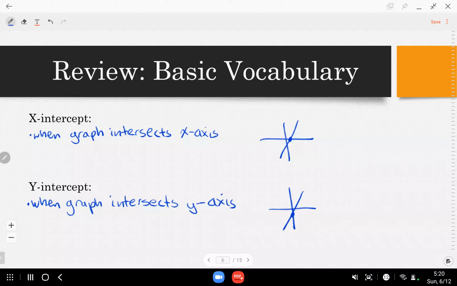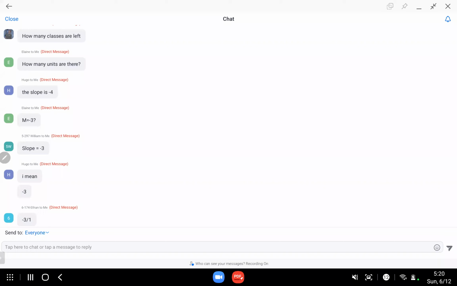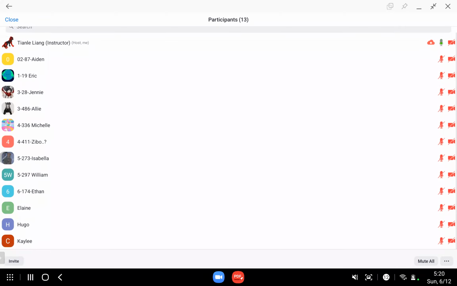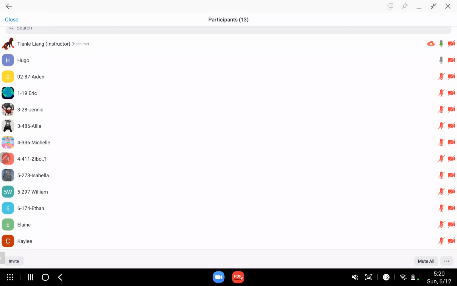All right, so who can tell me something that happens with the y-coordinate when it touches the x-axis? How about Kaylee? What was that? The x becomes 0.